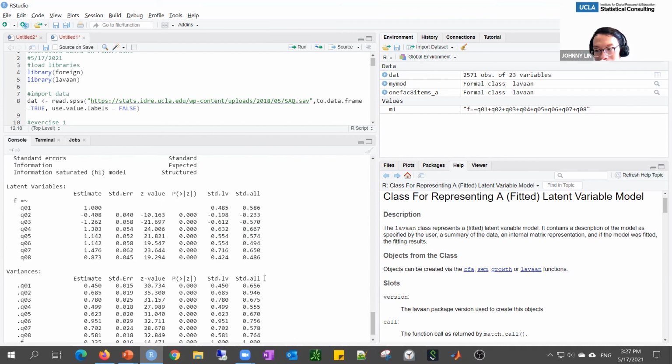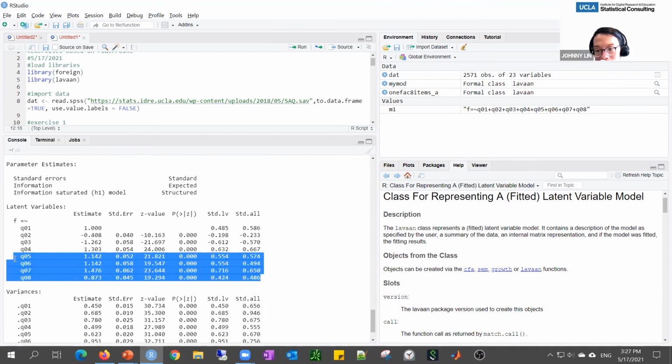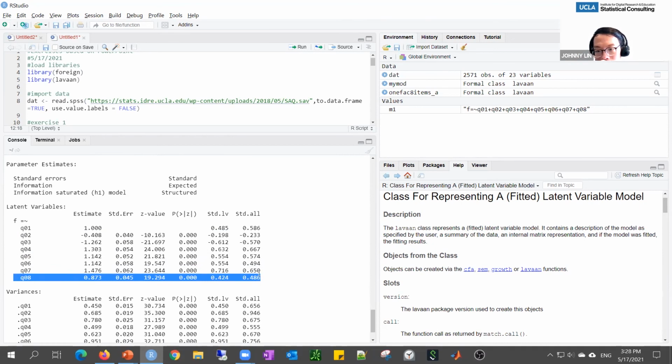But honestly, it just doesn't look like there's a strong correlation between a lot of them, like Q8. We can reconsider our hypothesis, and like someone said, consider a 2-factor model, and then maybe some load more onto each of those factors.